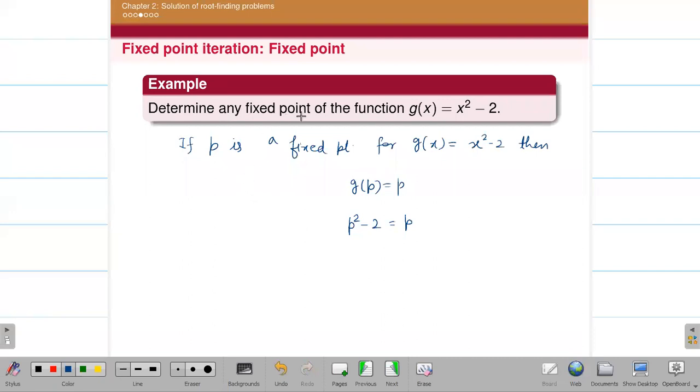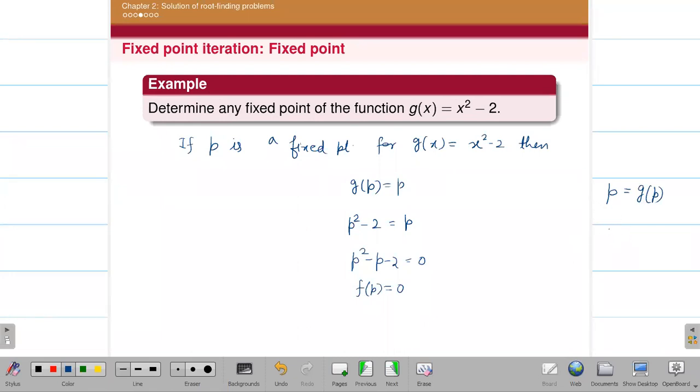Then I will write P square minus 2 is equal to P. Now the question was to find the fixed point for this function or equation. To find the fixed point, we have to convert this problem to a root finding problem. Now it is f of P equal to 0. The same P, which is the root of this equation, is the fixed point for this equation. So here you can connect the root finding problem and the fixed point problem. In the fixed point problem, you have P on the left hand side and g of P on the right hand side.